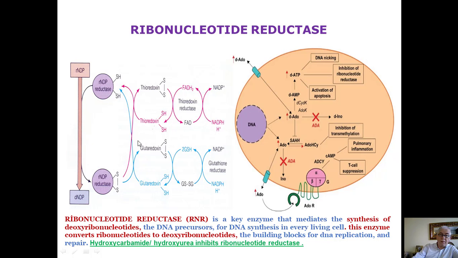You can see its reaction cycle is very complex, but ribonucleotide reductase is a key enzyme that mediates the synthesis of deoxyribonucleotides, the DNA precursors, of course. It is a key enzyme for DNA polymerization and DNA metabolism.